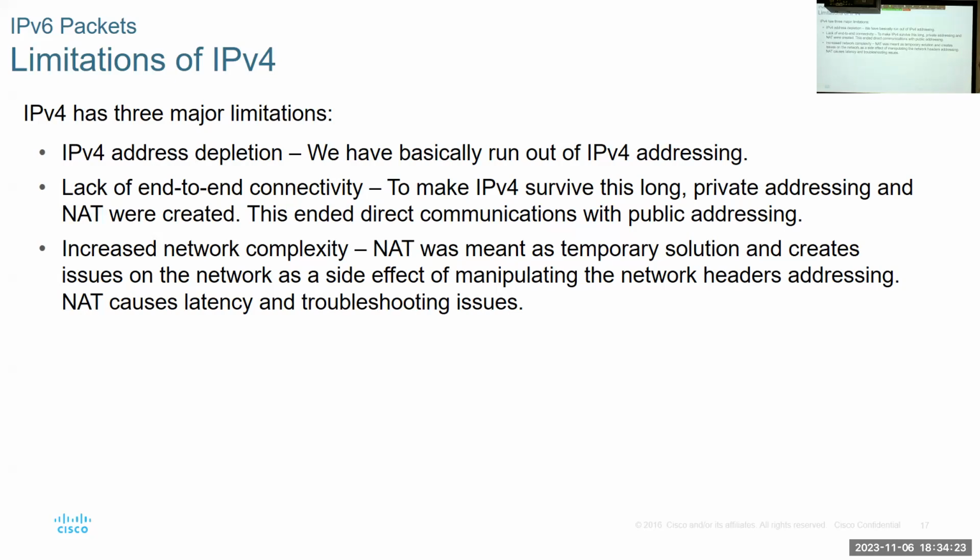And in order to go out on the internet, it's got to be translated to a public address. So there is no end-to-end connectivity, which means you can't truly identify who you're talking to. And that could be a potential security problem.